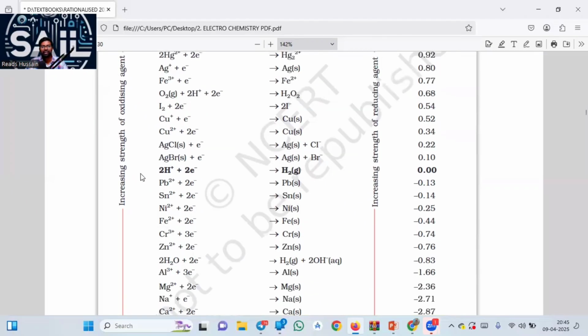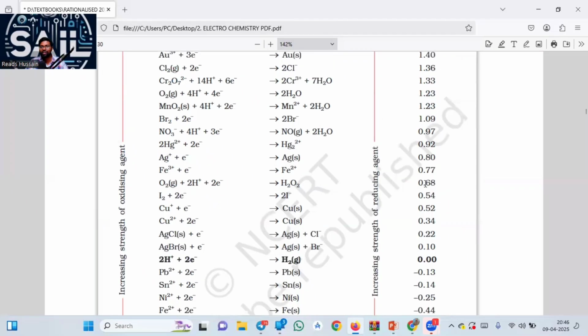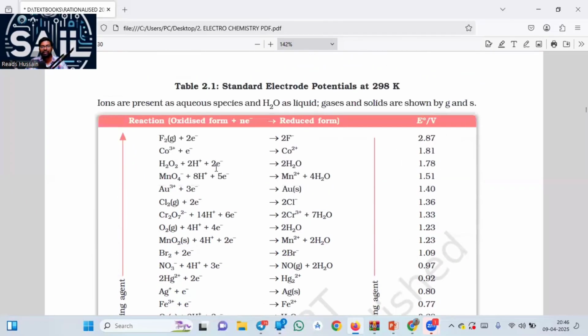And below hydrogen, the values are negative, minus, minus, minus, and so on. What is the electrode potential value of hydrogen? It is 0, right? And above hydrogen, all the values are positive. You can find fluorine at the top of this series, and its value is plus 2.87 volts. That means fluorine has the highest reduction potential.